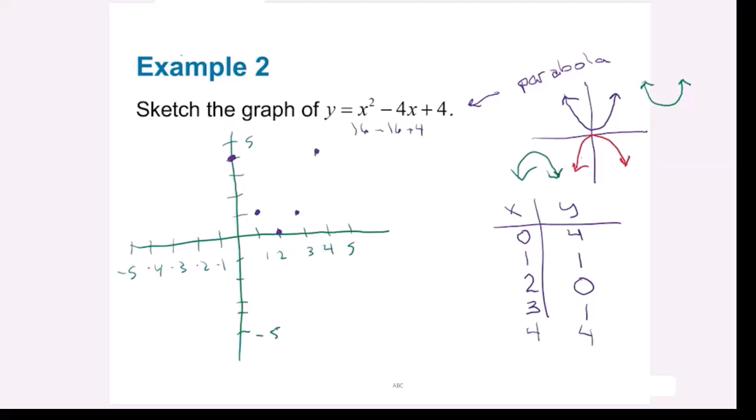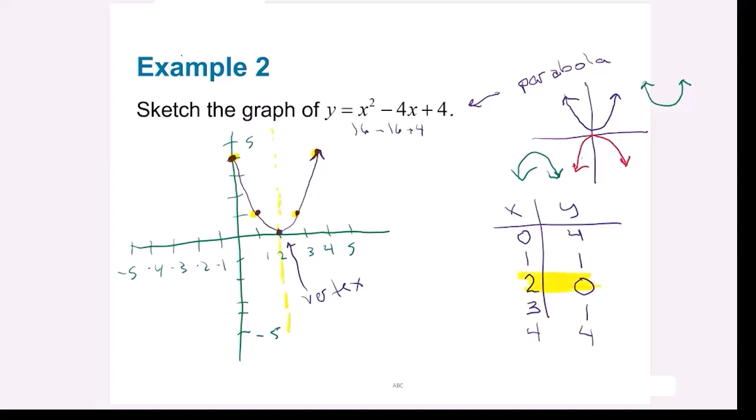And I can tell now that I've found the center, or what we call the vertex. We will learn about it later. And that's the lowest point, or if it's facing down, it would be the highest point. Since this point and this point are equal, and this point and this point are equal, this has to be the center. That means that the vertex is at 2, 0.